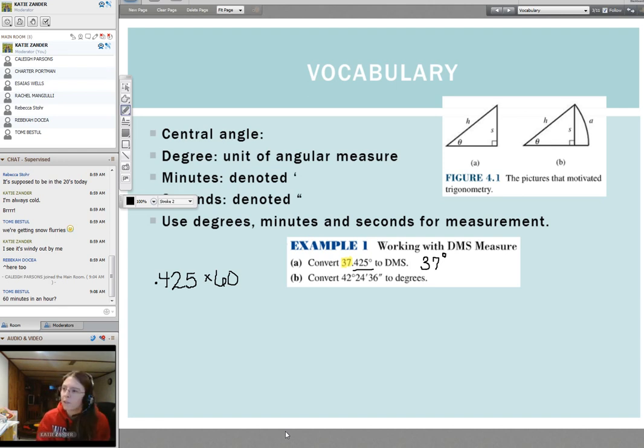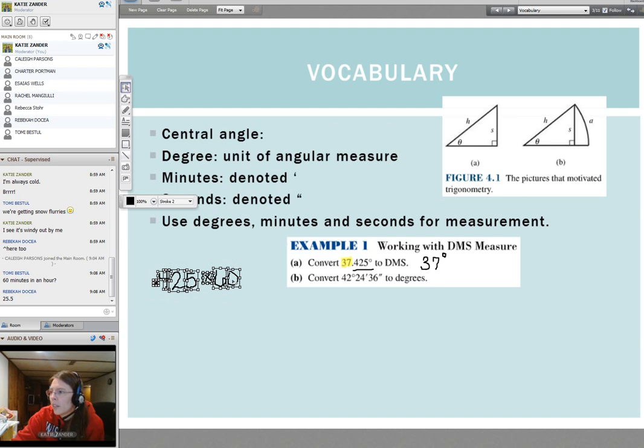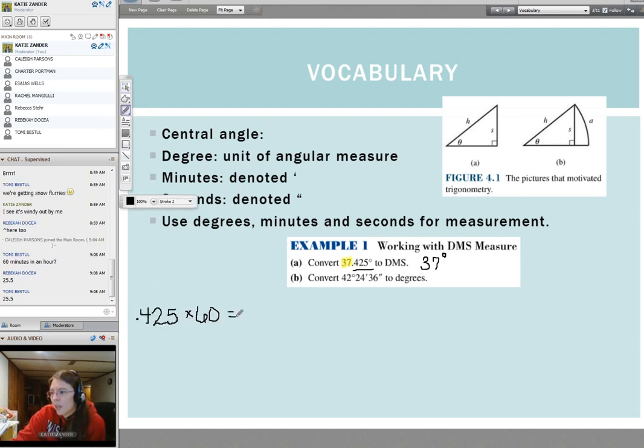What is 0.425 times 60? Who can tell me what that is real quick? 25.5. Good. So we end up with a decimal here, which is okay. The 25, which is that whole number out in front, is going to represent the minutes that you have. So right now we're sitting at 37 degrees, 25 minutes.